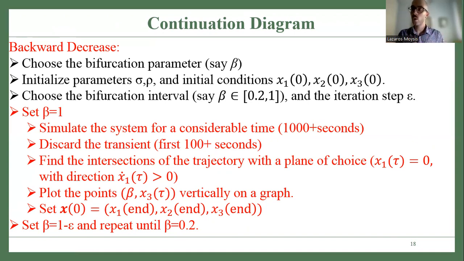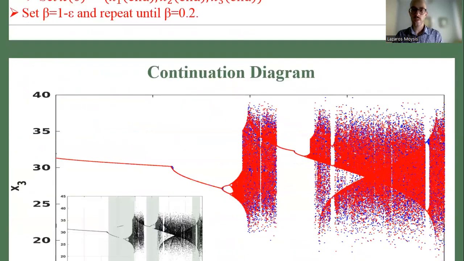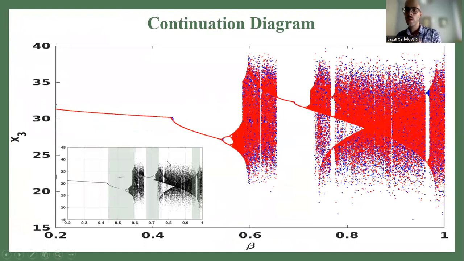All right. After I compute this diagram, I will overlap both of these diagrams. See what happens. So this is the result. The forward is in blue and the backward is in red. So it looks nice. Let's see. Did we really manage to depict both coexisting attractors in all of these regions that we found before?